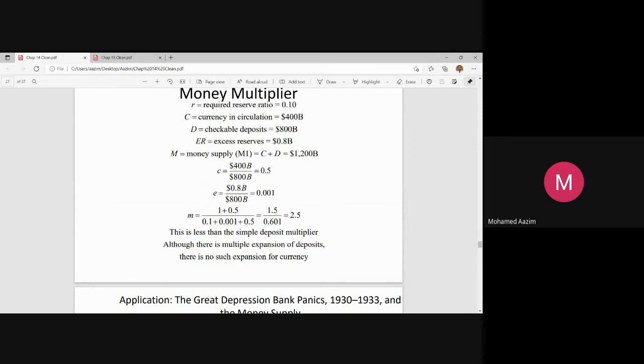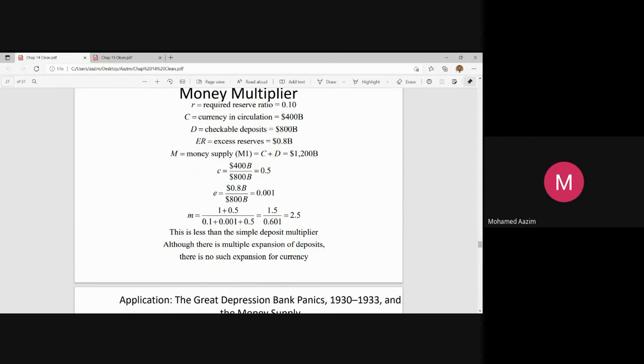So required reserve ratio, small r, is 0.1. That is 10% in percentage form. I said usually the central banks would love to keep this required reserve ratio closer to zero, small single digits. But in this case, it is 10%. It's a high number. Fine.